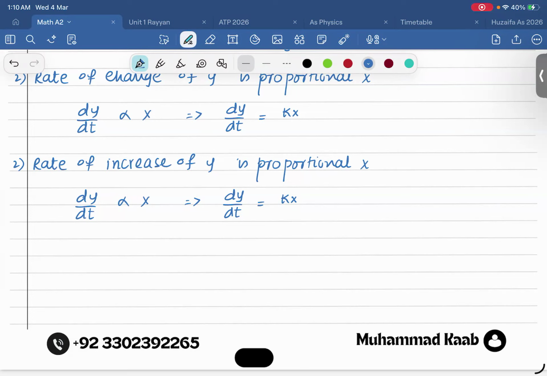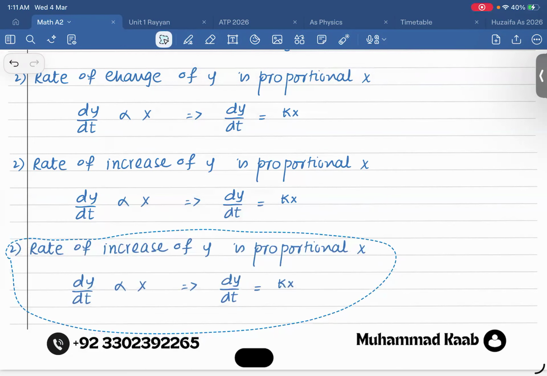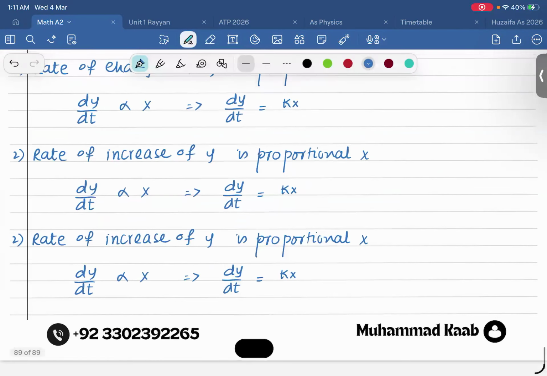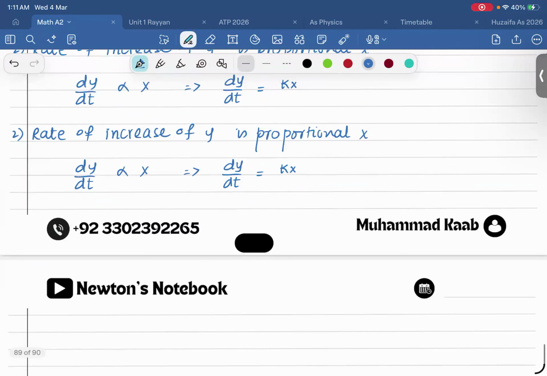But if they're saying the rate of decrease in y is proportional to x, then you have to put the negative sign over here to show that this is the rate of decrease.